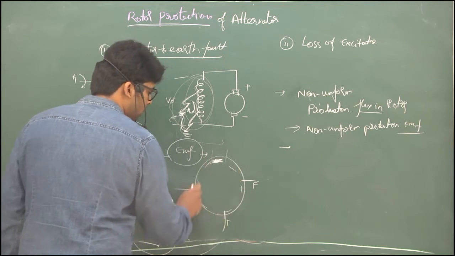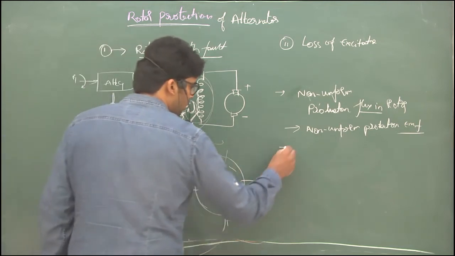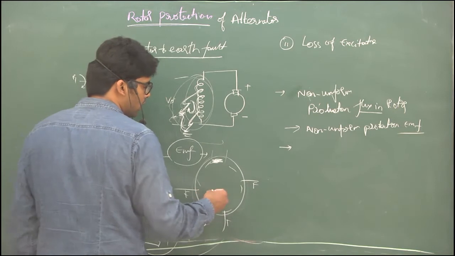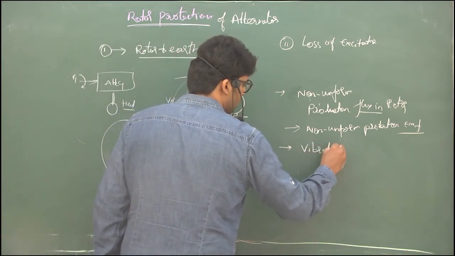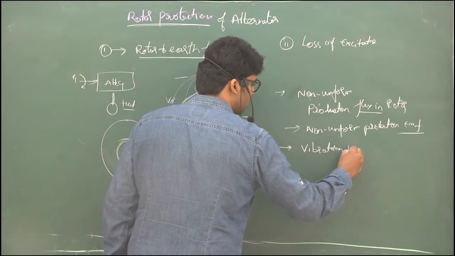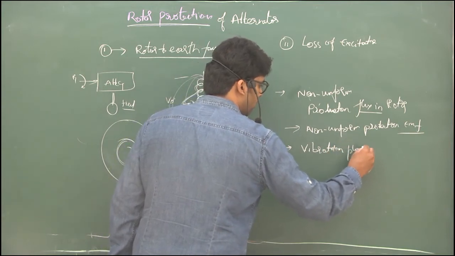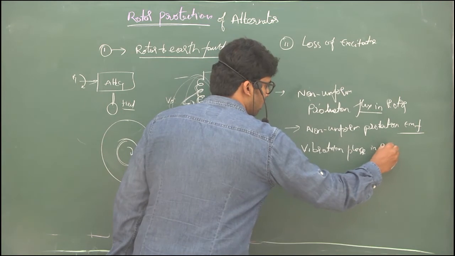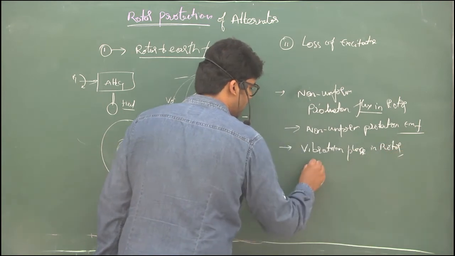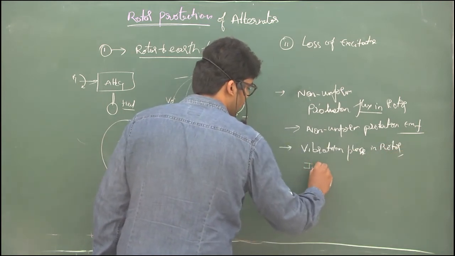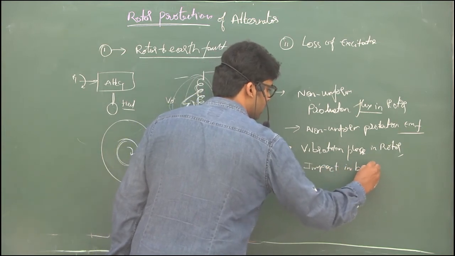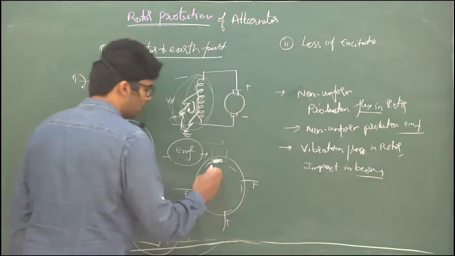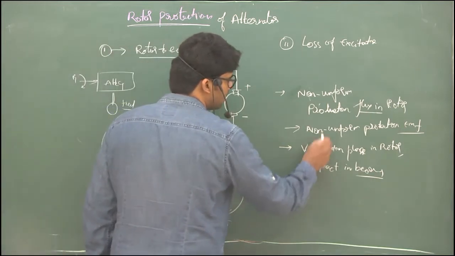That way the uniformity will be reduced, that is, non-uniformity will be produced in the forces. Due to that, vibration takes place in the rotor, and there is an impact on the bearing also.